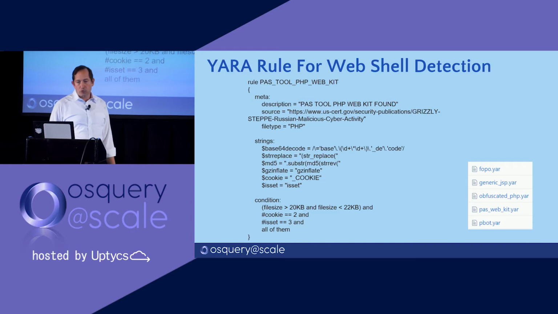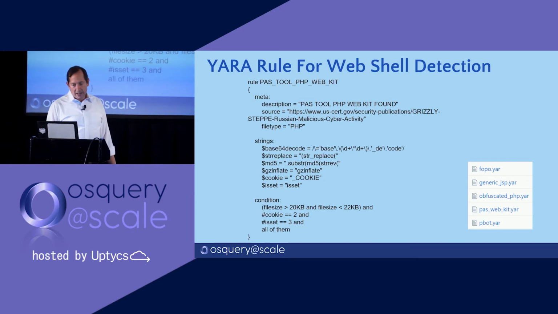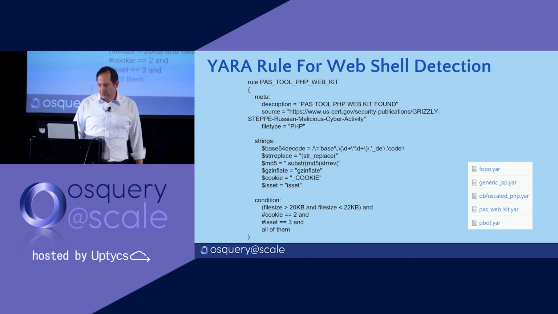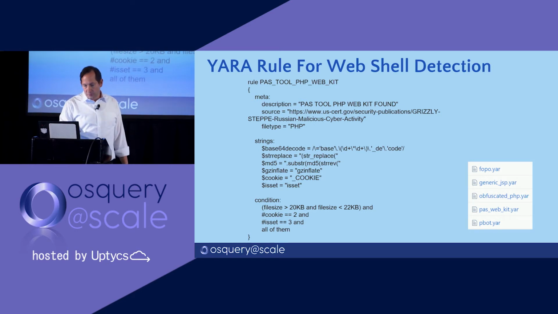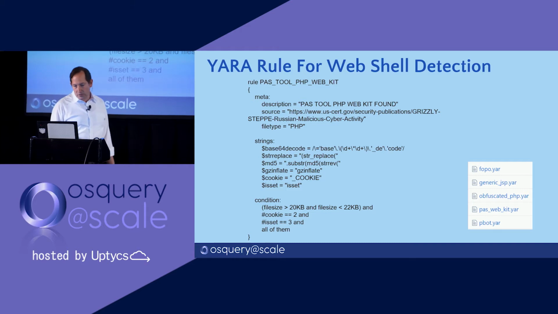Here's a YARA rule for a web shell detection. Talked a little bit about web shells yesterday, and this particular rule is looking for the Russian malicious cyber activity PHP file, and it has some strings here defined. It's looking for the base64 decoding here.